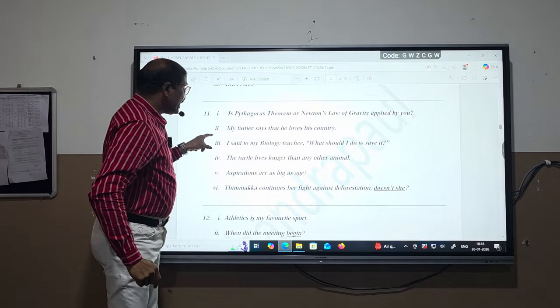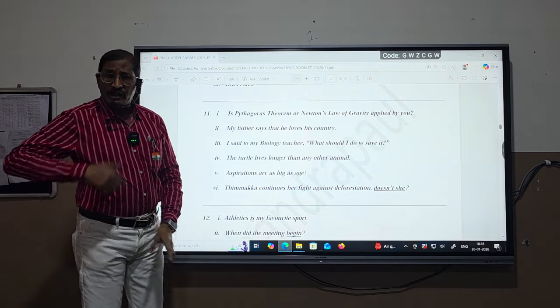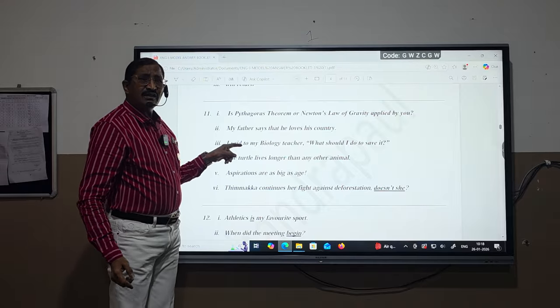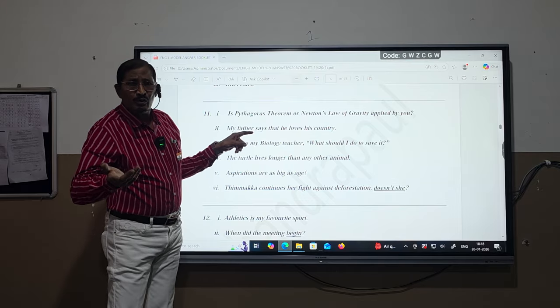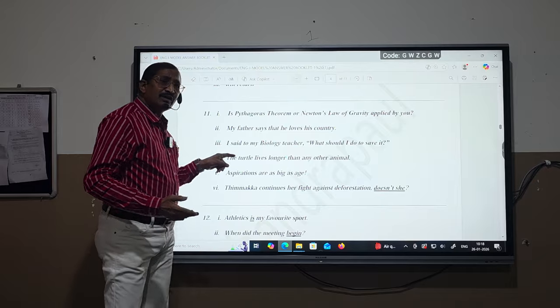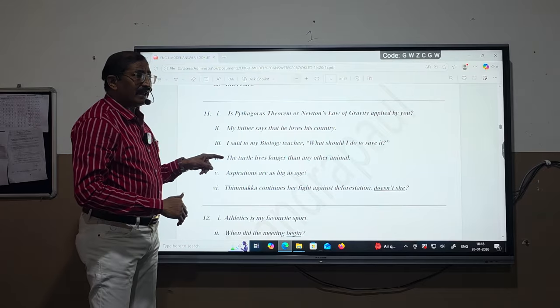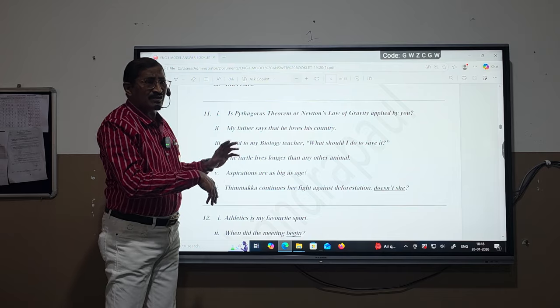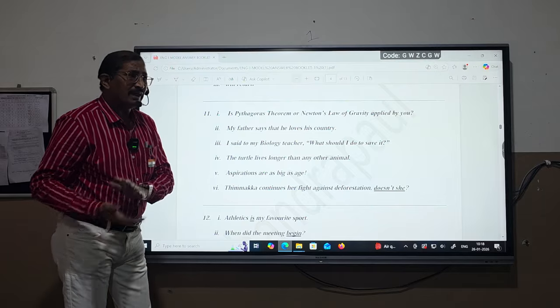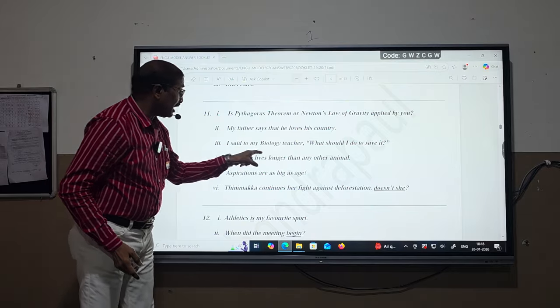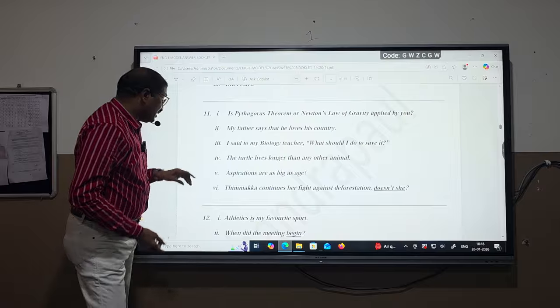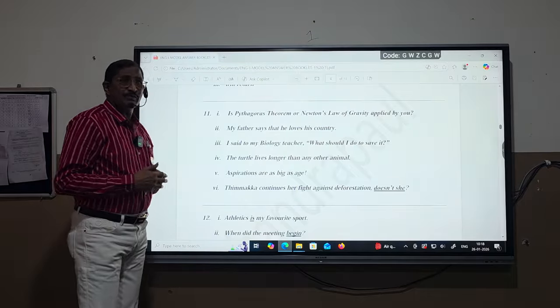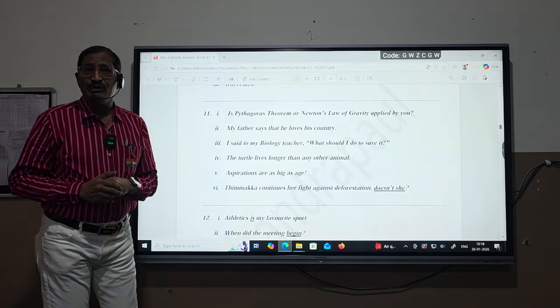But the second and third one is different. Generally, in the second one they ask you to change from direct to indirect. Third one, indirect to direct. Sometimes maybe they ask both from direct to indirect. You must be very careful according to the instruction given. And the next points are the fourth and fifth. What are they? Degrees of comparison.